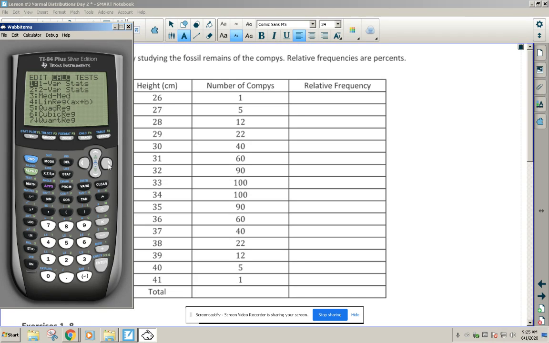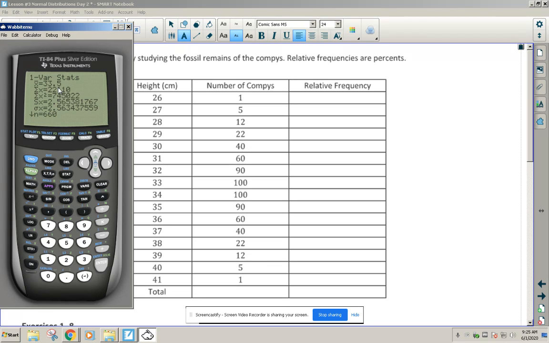And then below it, it says frequency list, where you will hit second and the 2, and then you would hit calculate. This is an older version. Some of you might have this older version at home, like I have here on my calculator. I have to hit enter, and then I have to physically type in L1, the comma, and then L2. So the new version, you just have to cursor to frequency list, type L2, and then go to calculate. I have to type L1, L2, and then enter.